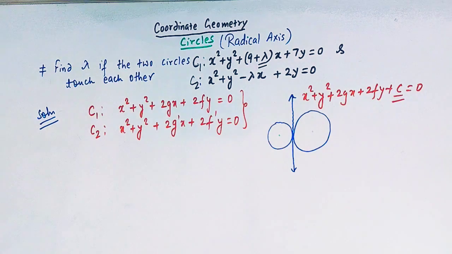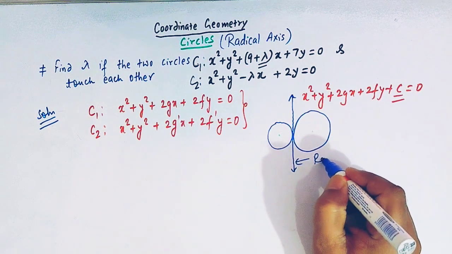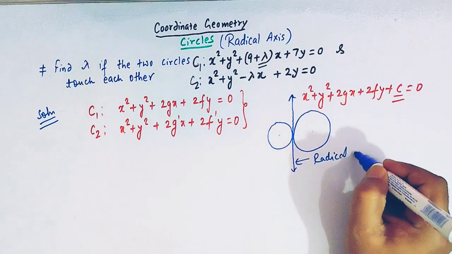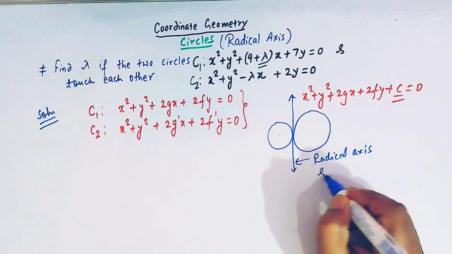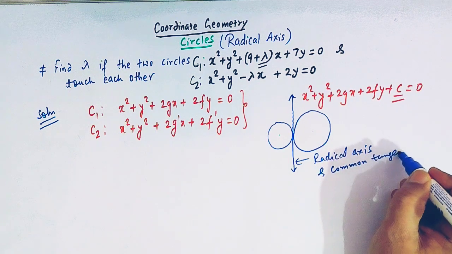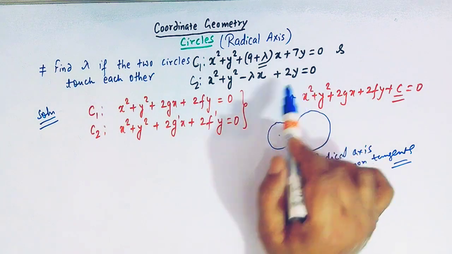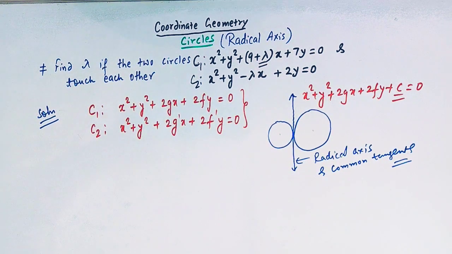And when two circles touch each other, then their radical axis is their common tangent, right? So in this case, the radical axis and the common tangent both coincide, right? So here we'll find the value of lambda when these two circles touch each other.